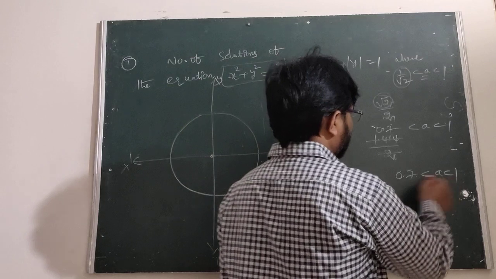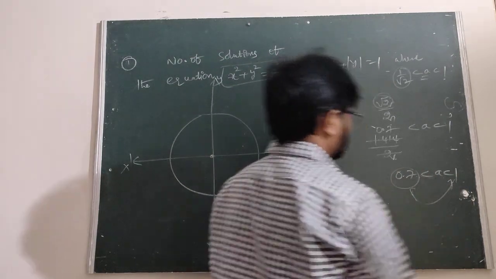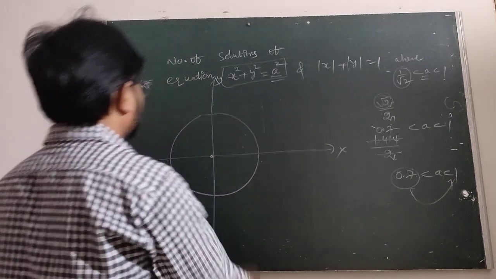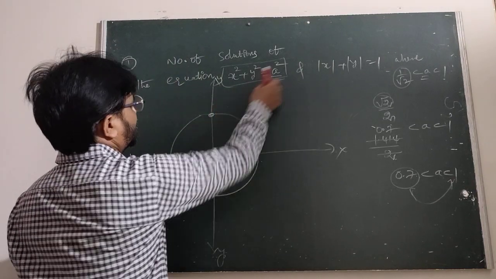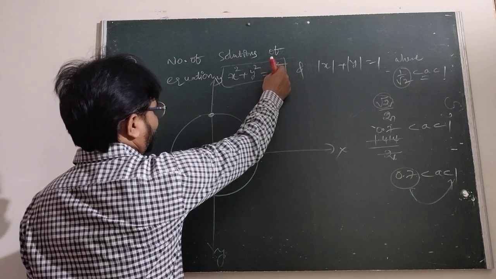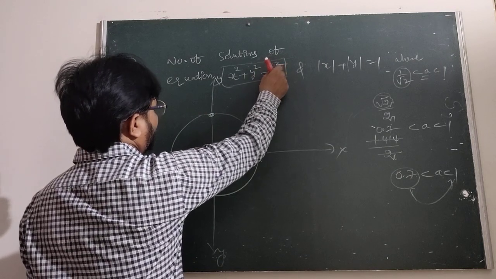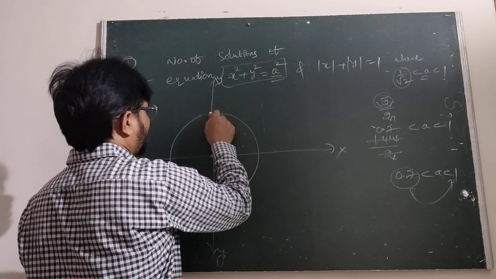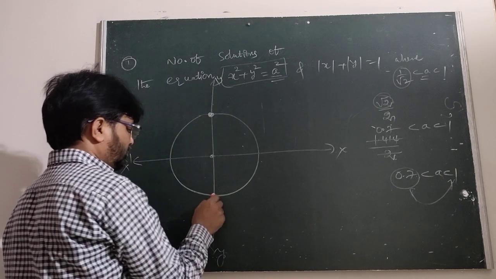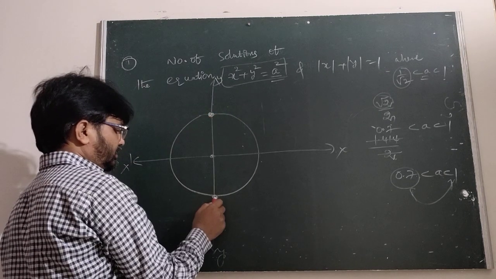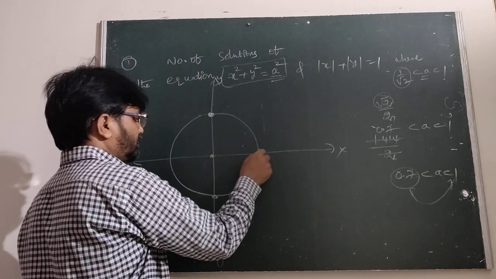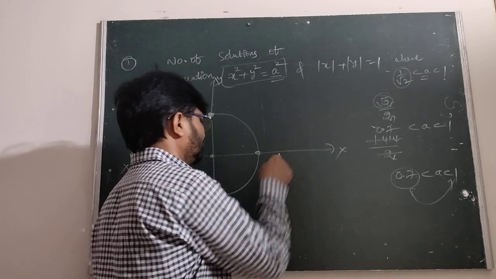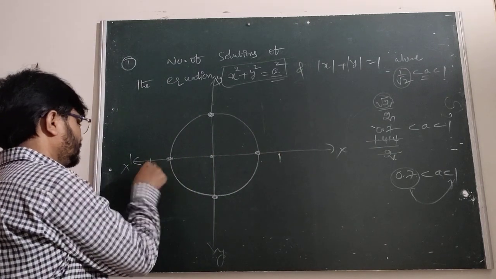Suppose a lies in the interval 0.7 to 1, approximately we take 0.9. When you take x equal to 0, this is plus or minus 0.9. This is the value of a. So this is 0.9, this is minus 0.9, but 1 is this one, and this is minus 1.